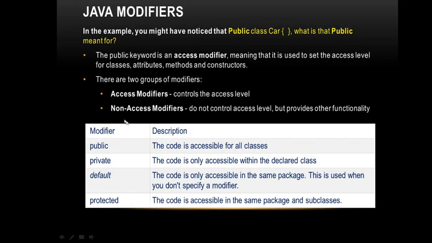So Java modifiers, as I have told in the earlier slide. What is a Java modifier? In Java we have three types of modifiers: public, protected, and private. And one default modifier is also there. So public class Car, we have seen it in the example. What is that public meant for? The public keyword is an access modifier. It is to set the access level for classes, attributes, methods, and constructors. What does it mean?